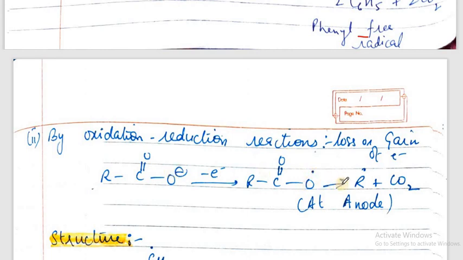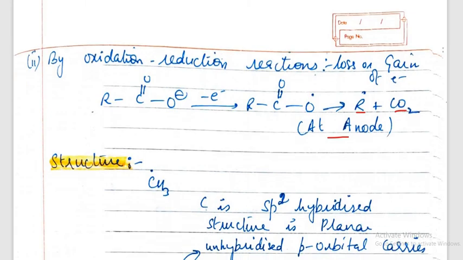At the anode, when oxidation reduction reactions take place, both anode and cathode reactions are taking place, and then this carboxylate ion releases carbon dioxide and a free radical is formed. So by thermal or photolysis or by oxidation reduction reactions we can get free radicals. Now their structures.